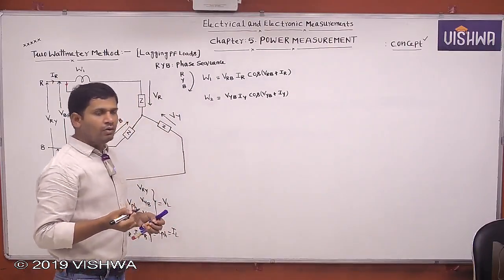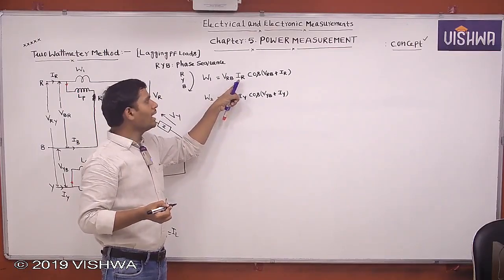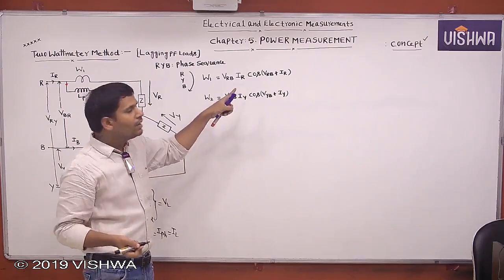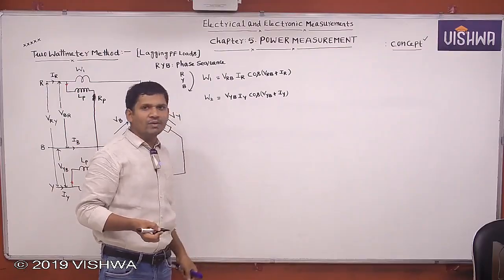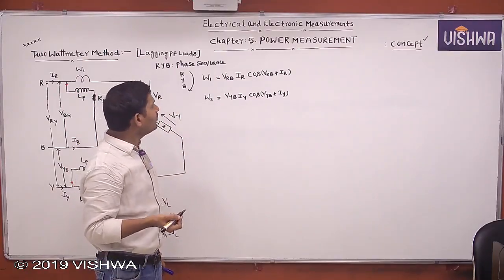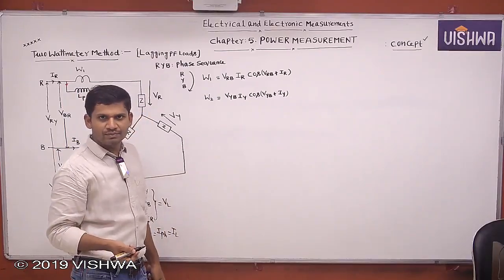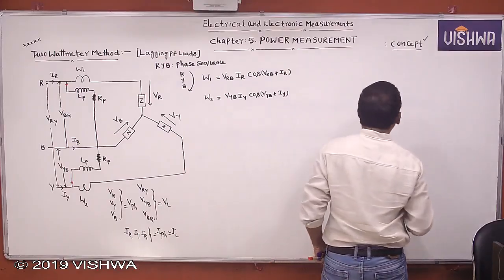Okay. Now we know that VRB is line voltage, and IR and IY are line currents, equal to phase currents. But I want to find the angle between VRB and IR, and the angle between VYB and IY. To find these angles, you go for the phasor diagrams, the vector diagrams. First you draw the vector diagrams.